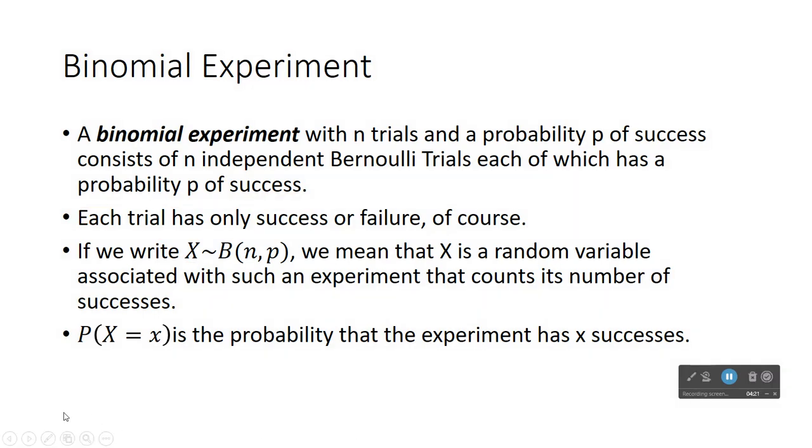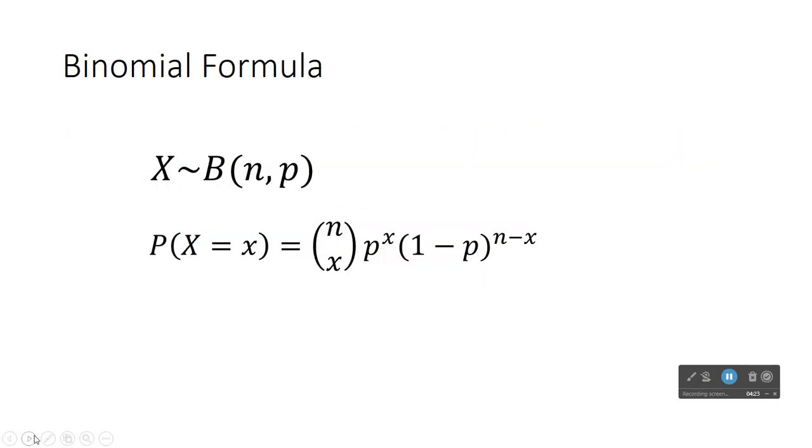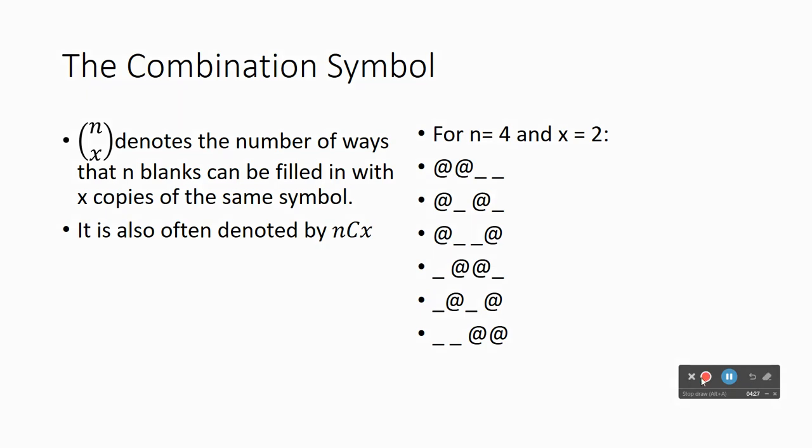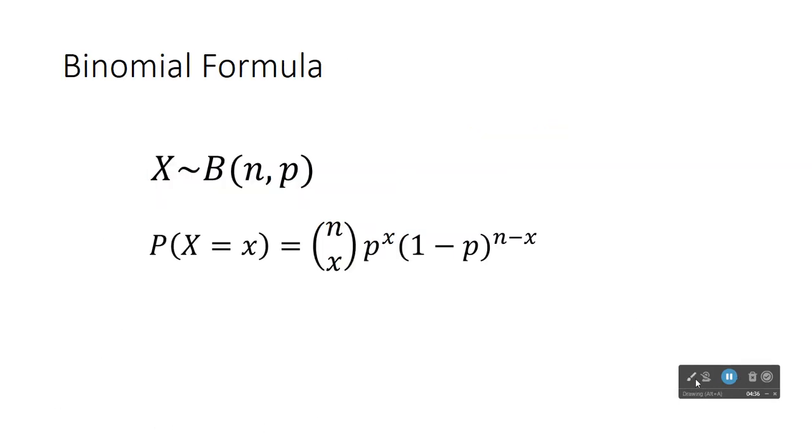Let's look at that a little bit. So we have a formula for this. This formula is for when we have a binomial random variable like this.